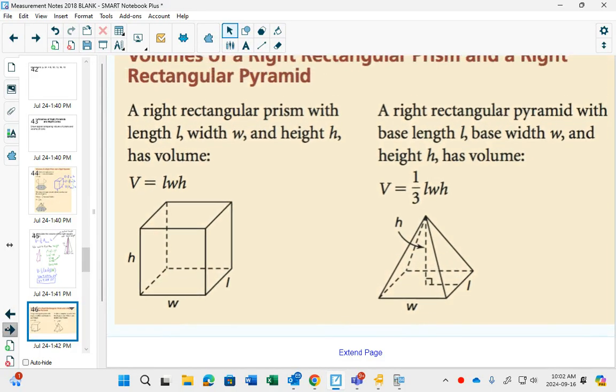Right, here's the same idea. If the area of the base, which I'll put in green brackets here, is length times width, this is exactly the same formula because you have 1/3 area of the base times the height.